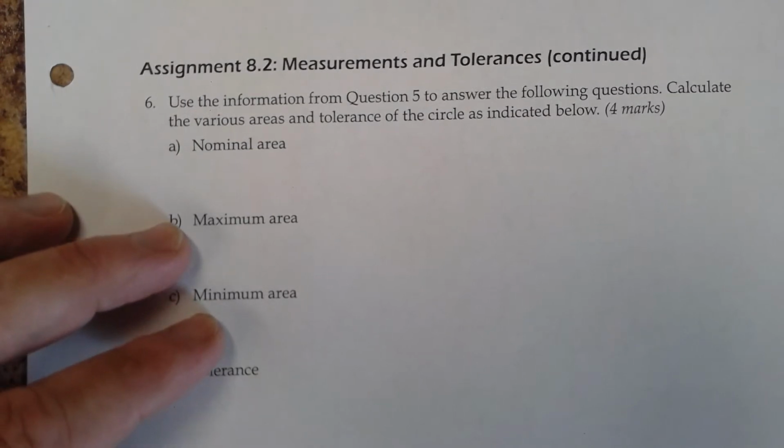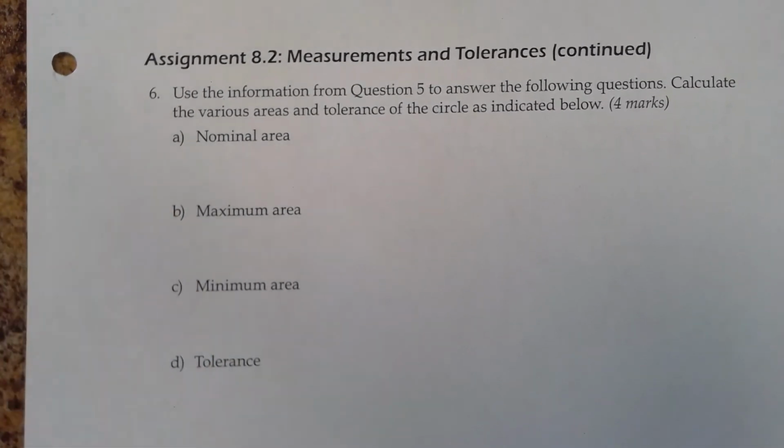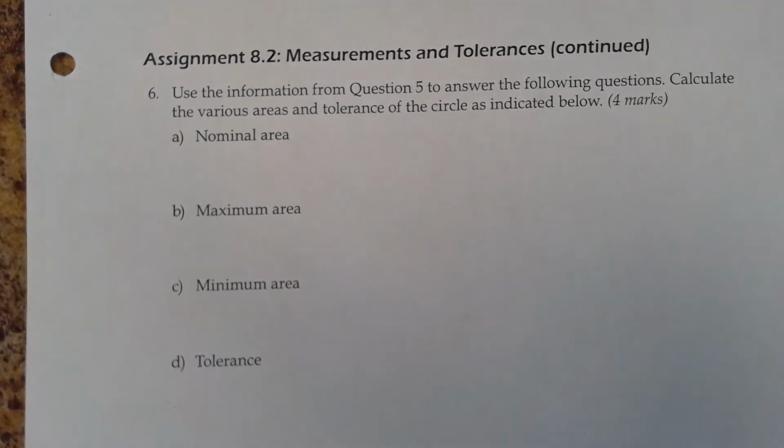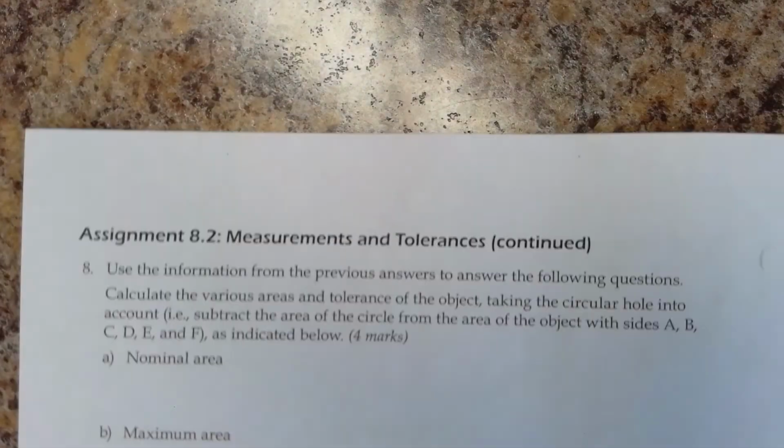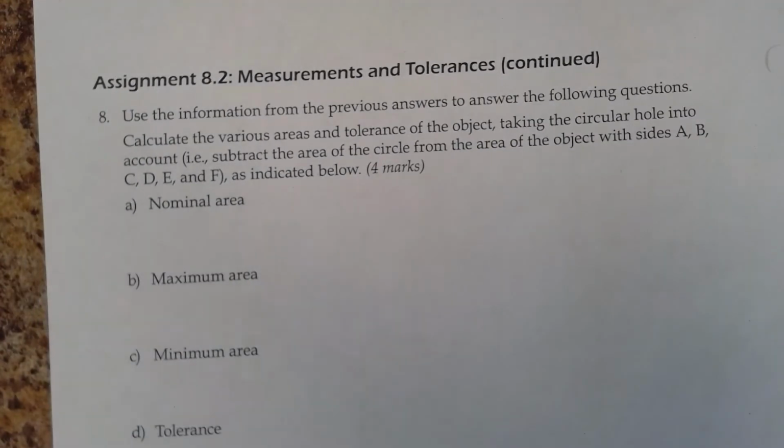And how can you calculate area if you don't know the lengths of a couple of the sides? Area is length times width. So how are you supposed to do that when it's not there? And yeah, I could figure out what the length is, but how am I supposed to know what the tolerance is? And this question is supposed to be about tolerance. So we're skipping questions 5 to 9. 5, 6, 7, 8, 9.